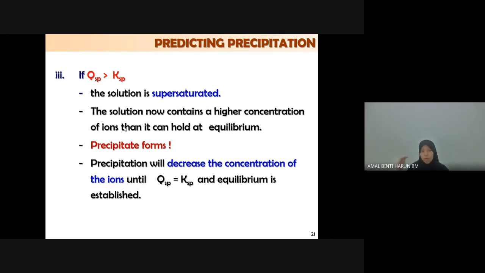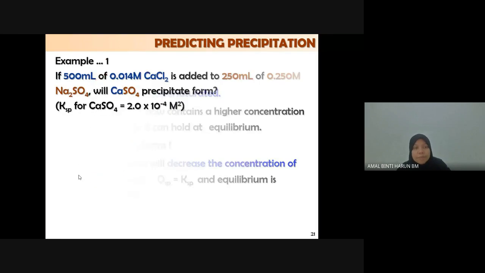So kalau pergi ke kiri, means concentration ion itu dikurangkan, untuk menukarkan lebihan ion tu kepada solid, precipitate. Sampai bila dia nak kurang concentration ion ni dekat sebelah kanan ni? Sampai QSP sama dengan KSP.